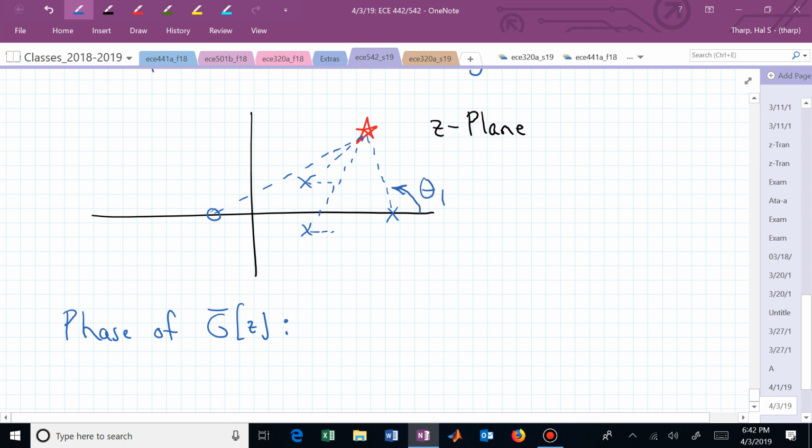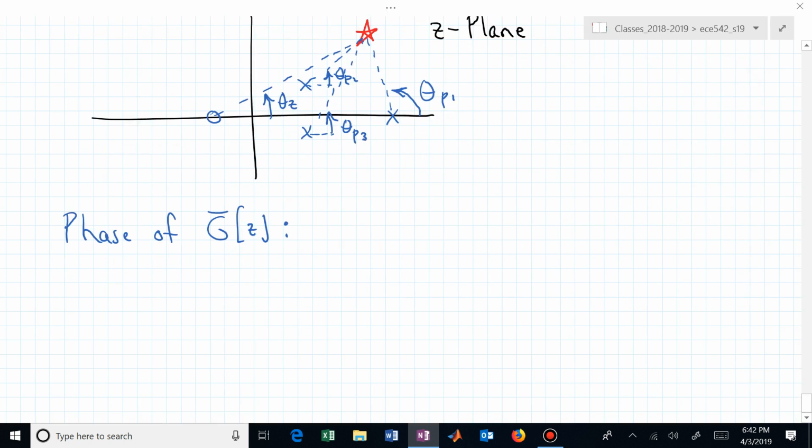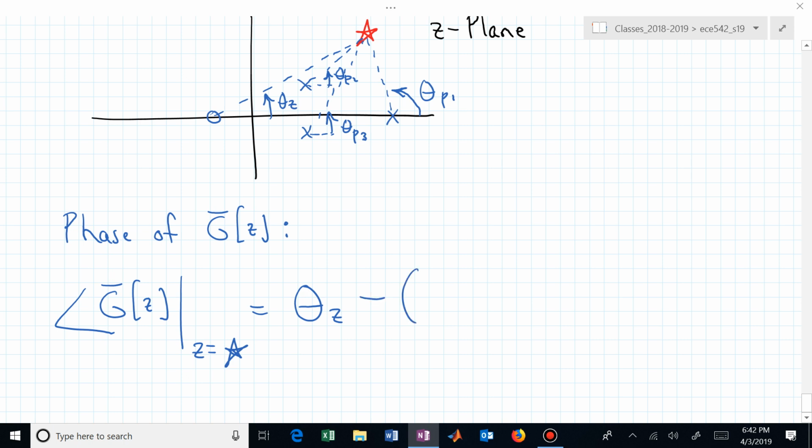Let's say I call this theta P1, I call this theta P2, this angle is theta P sub 3, and this angle is theta Z. So the phase of G bar of Z, when Z is equal to that star, is going to be the angle of the zero, theta sub Z, minus all of the angles from the poles: theta P1 plus theta P2 plus theta P3.